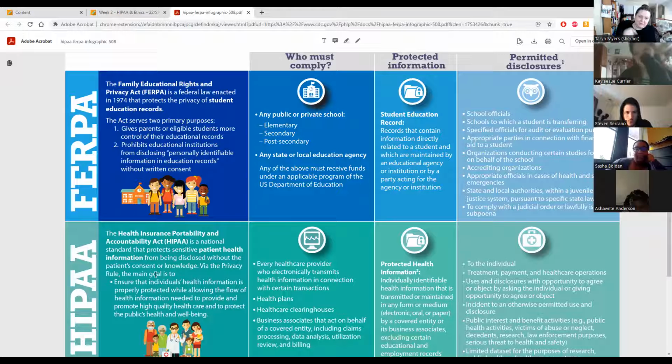So it's the Health Insurance Portability and Accountability Act. So that's where you get those two A's. And so it protects patient health information from being disclosed without the patient's consent or knowledge. So HIPAA only applies to people who could disclose that information.